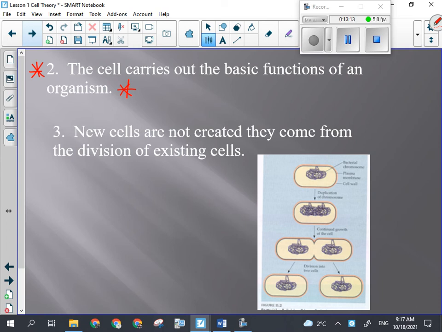So if we're looking at any cell that's dividing, that cell copies all of its genetic material and then splits in half. Each of the two cells has all the copies of the genetic material, and then so on and so on. So when you were a single little zygote, that zygote started dividing, and eventually became 4 cells, and 8, and 16, and 32, and 64, and it gets bigger and bigger.